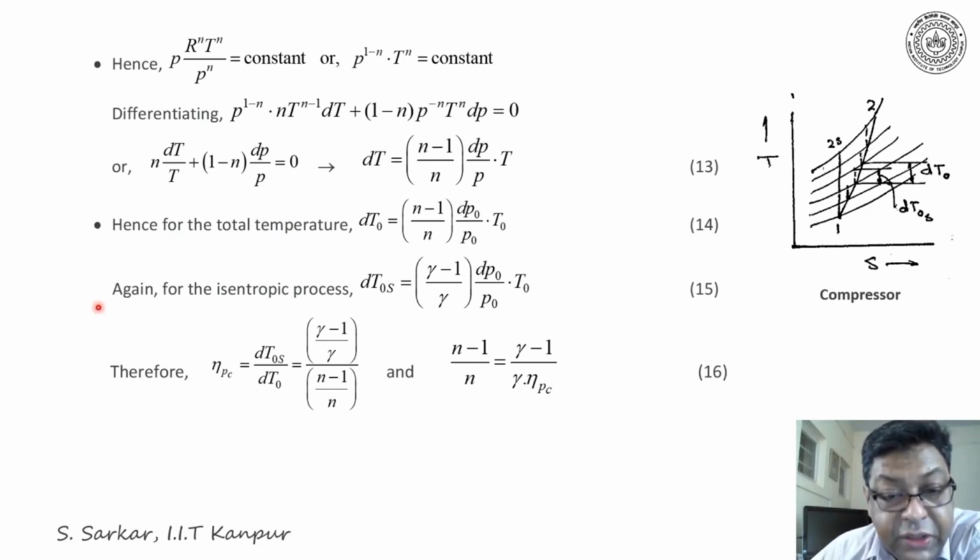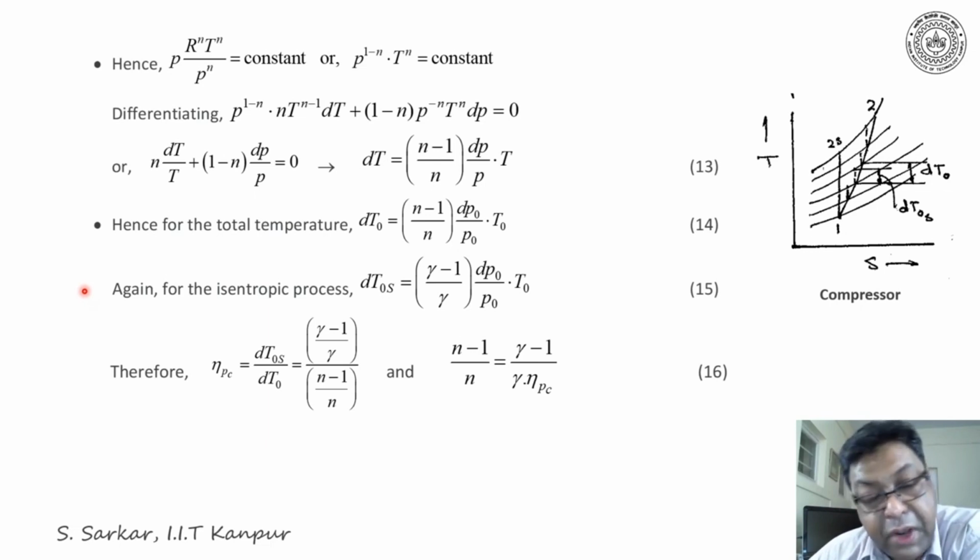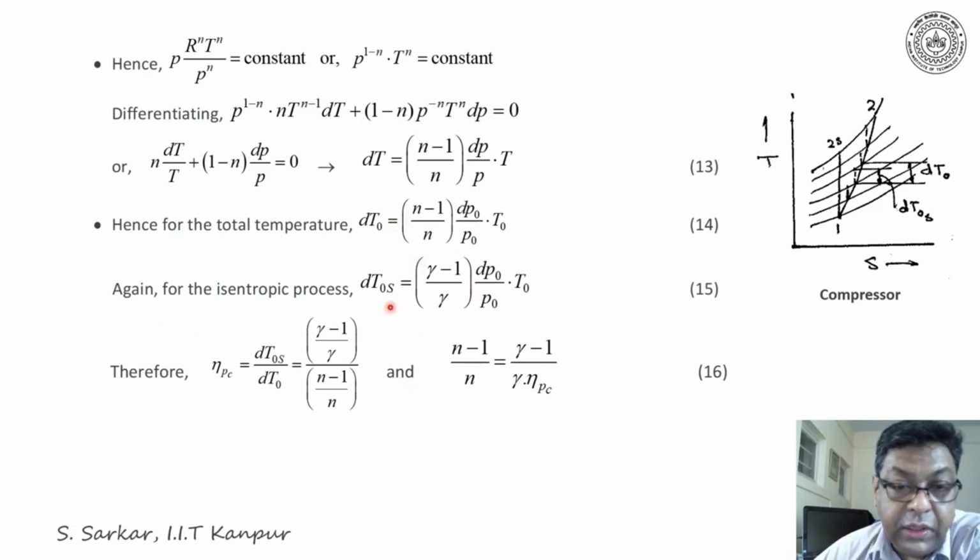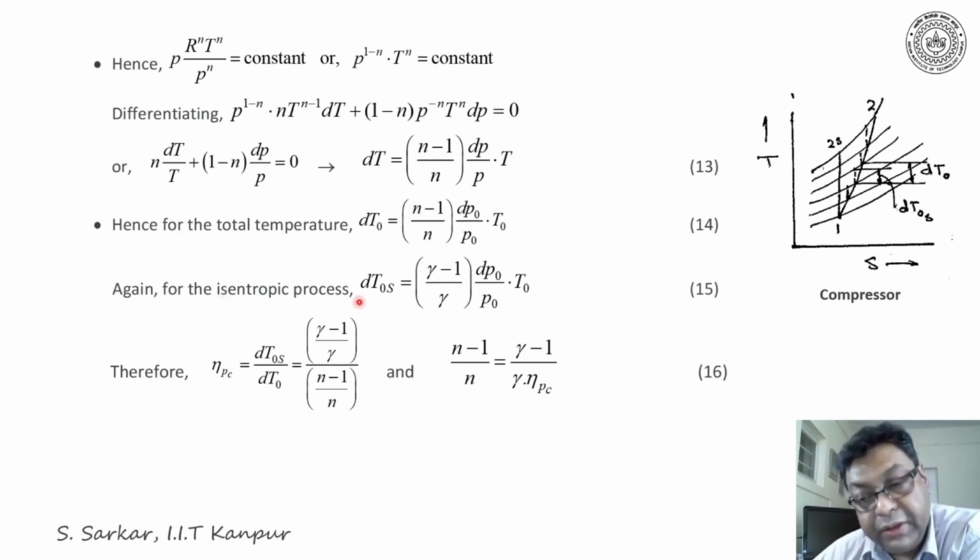Similarly, for the isentropic temperature rise for an elemental stage, dT0s is equal to gamma minus 1 by gamma into dP0 by P0 into T0. Please realize that when n is replaced by gamma, you land to the isentropic process.